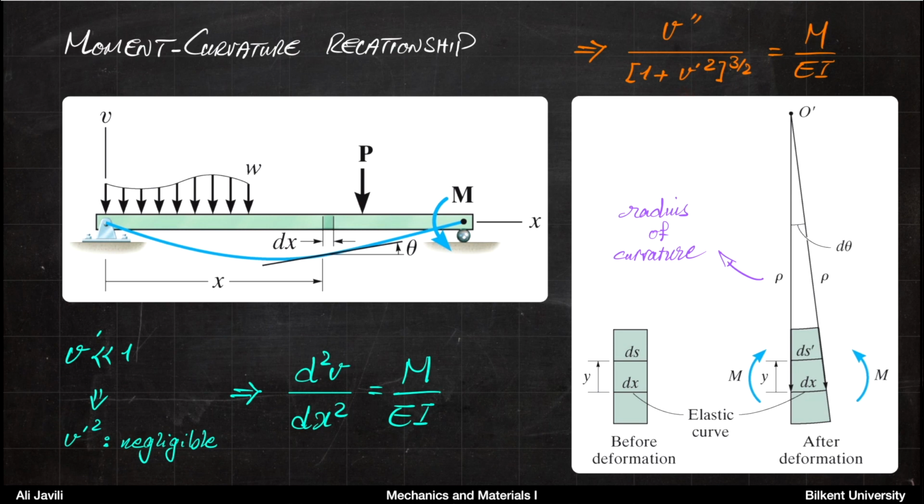So if you neglect that term, you end up with this relation. If you just assume all of it is approximately just 1, then this is your moment curvature relationship, except that now we don't have exactly curvature anymore. All we have left of curvature is the second derivative of deflection.